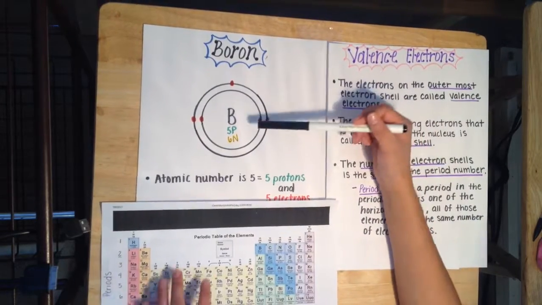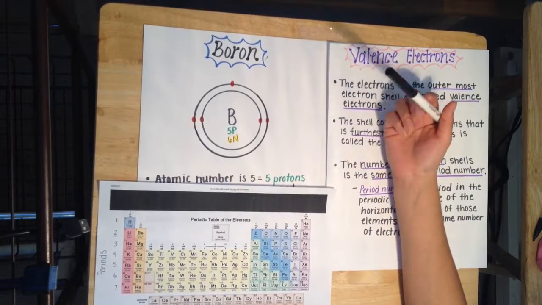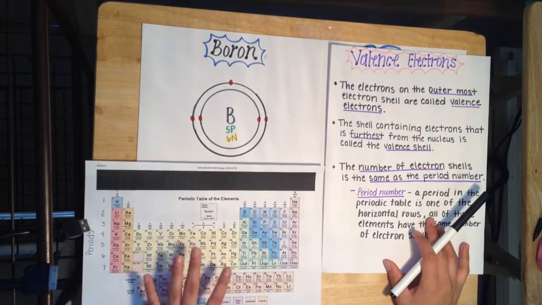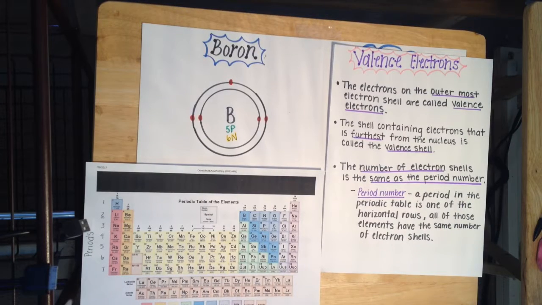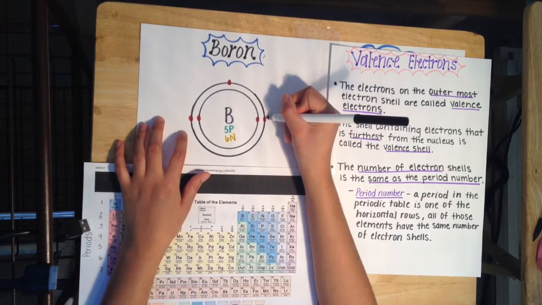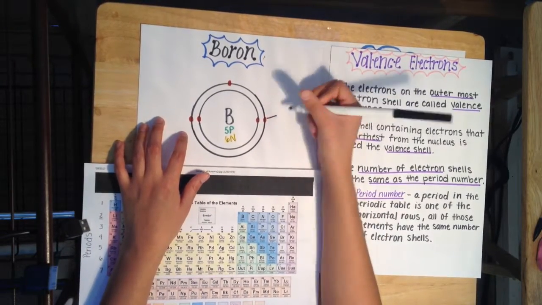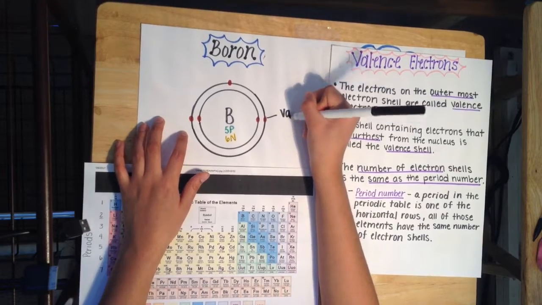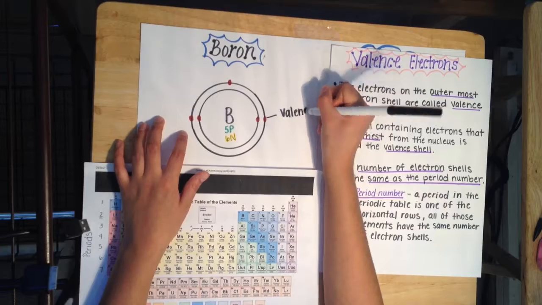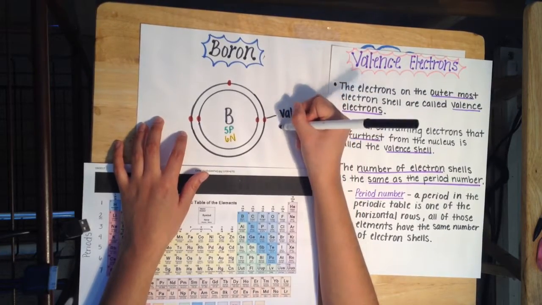When we have the model set up like this, we can identify the valence electrons and the valence shell. The electrons on the outermost electron shell are called valence electrons.